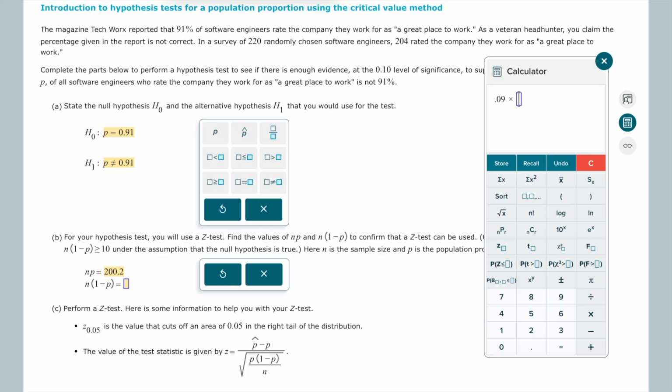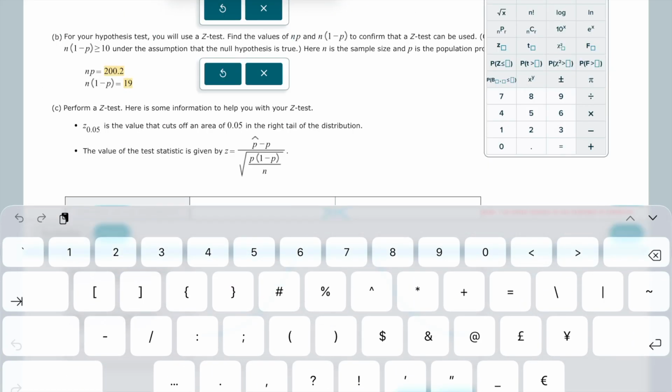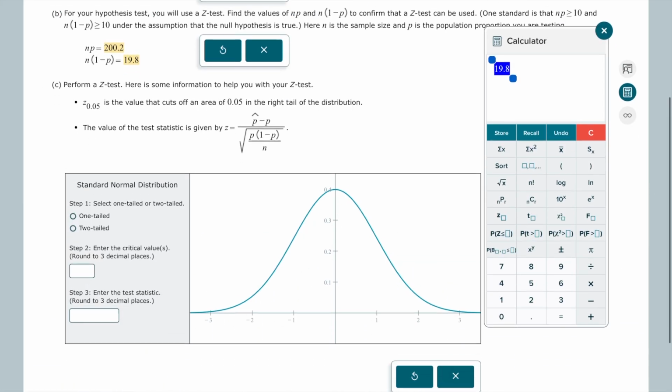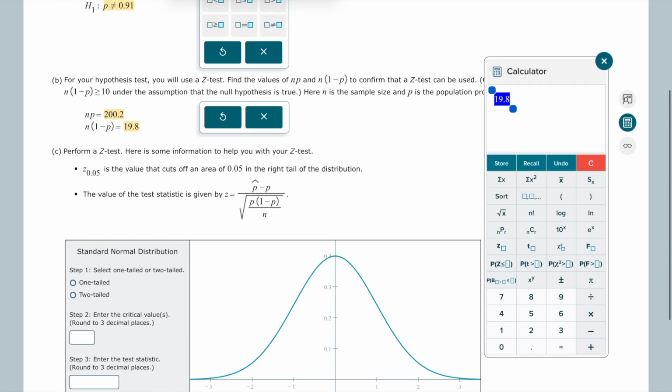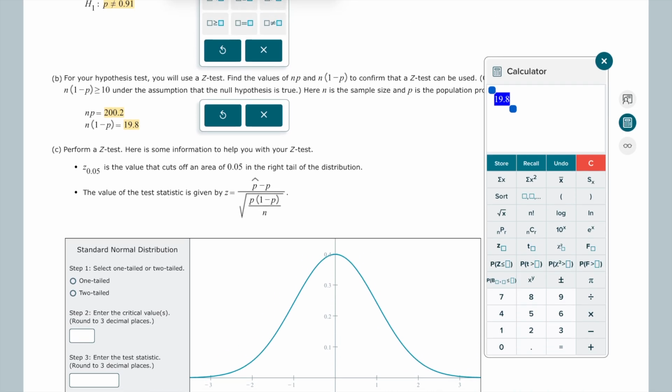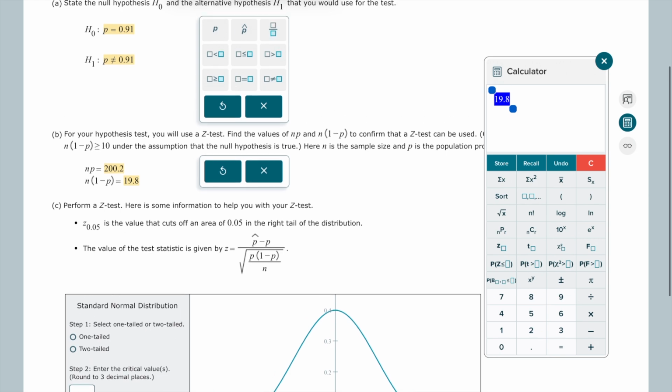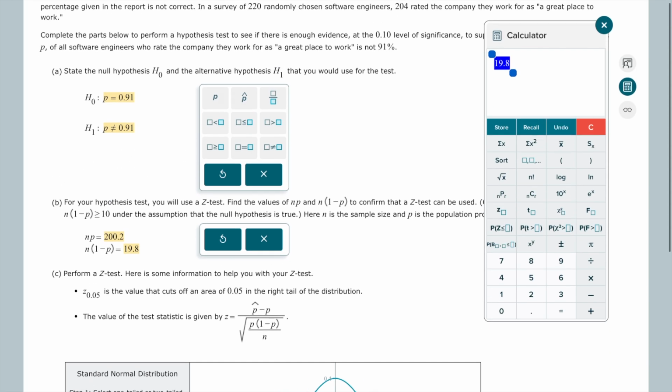So 0.09 times 220. You do how many people said yes times the total amount, and how many said no times the total amount. To make sure your numbers are good enough, both need to be greater than or equal to 10. It tells you that in the directions. It's just what percentage said yes times the total amount, and what percentage said no times the total amount. Check and make sure your numbers aren't too far apart and that you're sampling enough people.